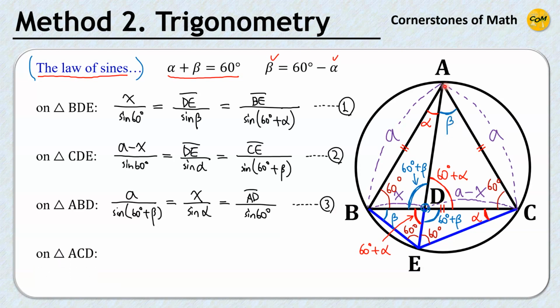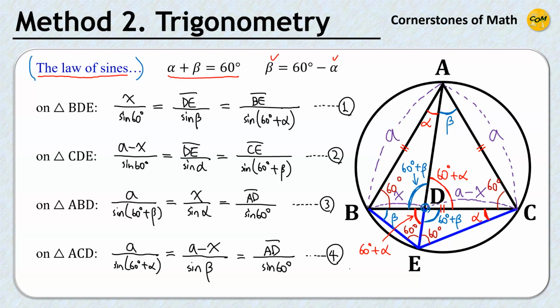And finally, from triangle ACD, we have A over sine of 60 degrees plus alpha equals A minus x over sine beta equals AD over sine 60 degrees. These are all we can get from the law of sines.